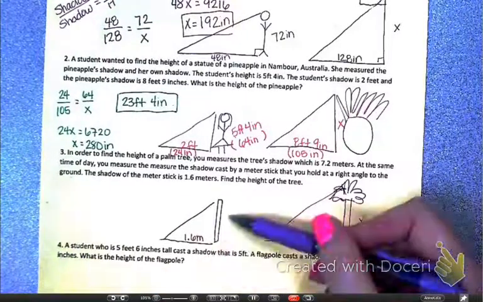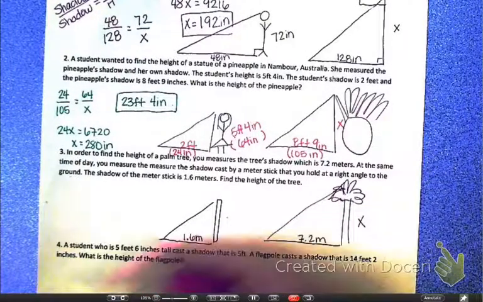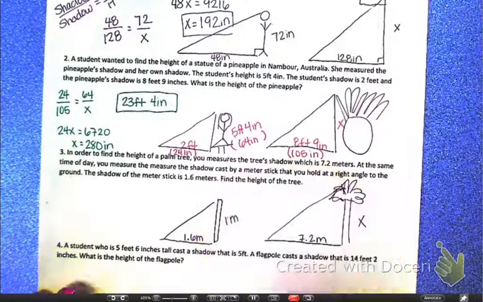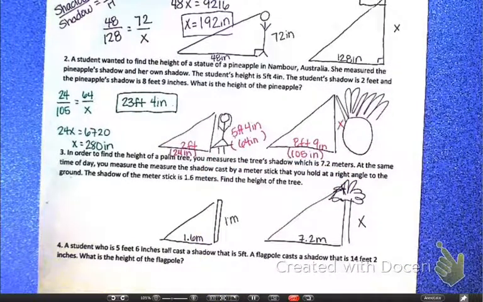Well, what's the height of the meter stick? Okay, the height of a meter stick is 1 meter. Do I need to do any conversions? No, because everything's in meters. It's okay that there's decimals. Everything's already in meters.